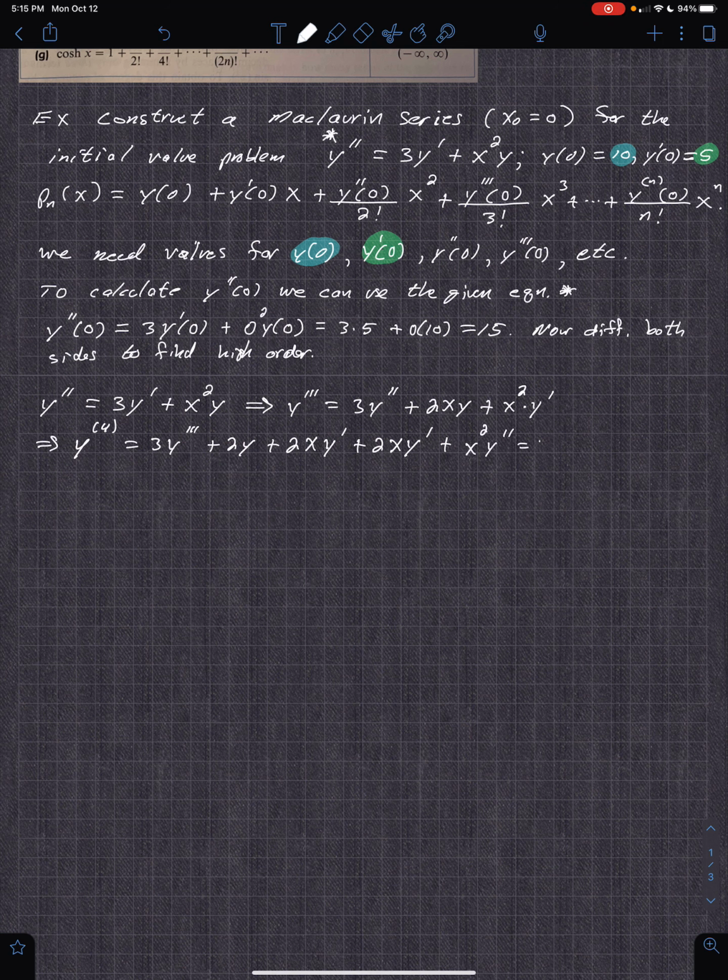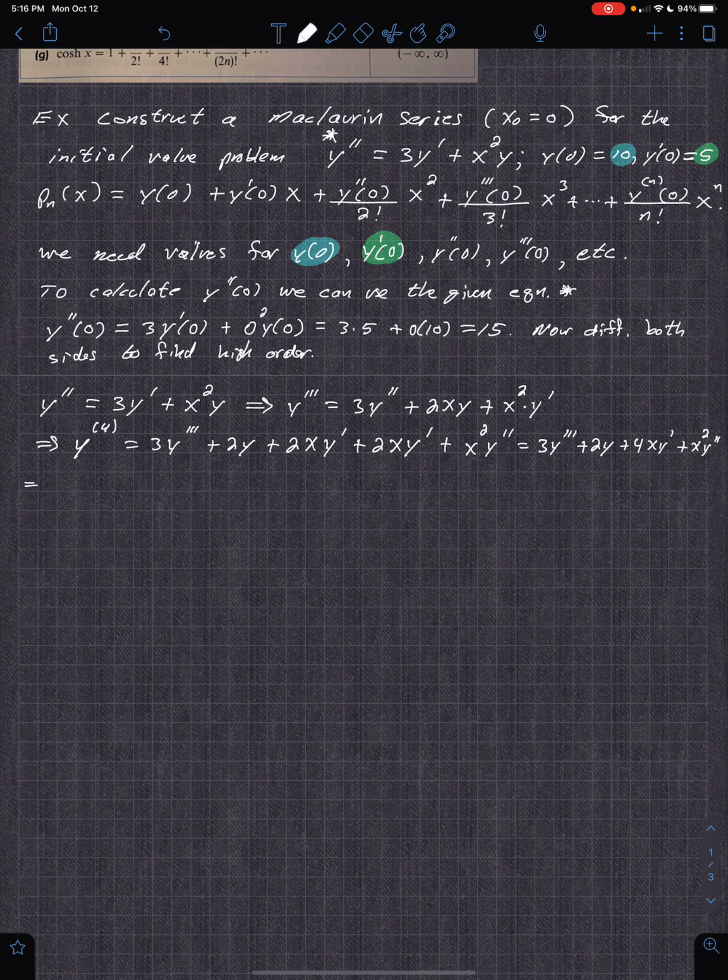Then we can simplify that. That's 3 y triple prime plus 2y plus 4x y prime, I'm running out of room here, plus x squared y double prime.